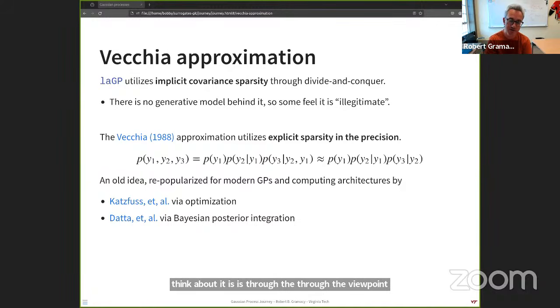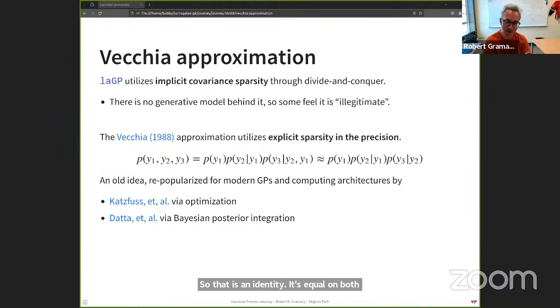So in the middle of the slide here, I have an identity that I think all of you know, which is that the joint distribution of y1, y2, and y3 can be factorized as a cascade of conditionals in any order you want. Here I've got the marginal for y1, and then y2 given y1, and then y3 given y2 and y1. So that is an identity. It's equal on both sides.